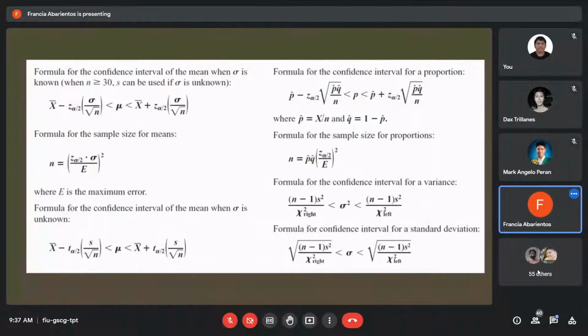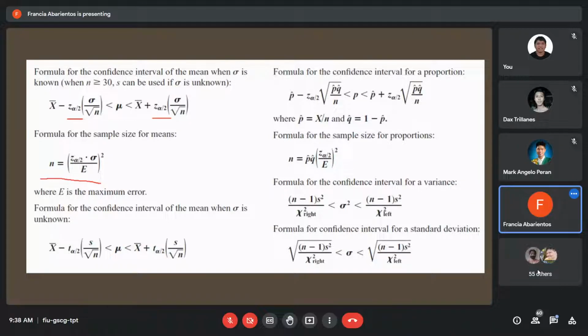Okay. So this is the last slide, class. Take note, class, let me repeat. In finding the different formulas in the confidence interval, we get a table again. So the z-value, we make use of the z-value. In finding the sample size for the mean, this is the general formula, where E is the maximum error.